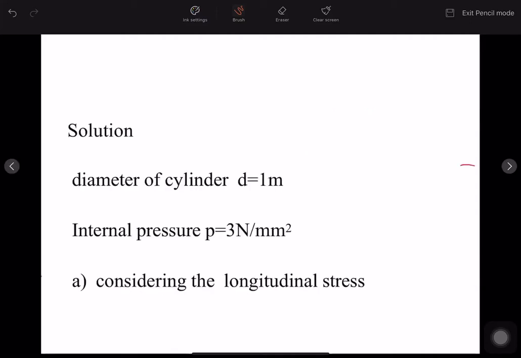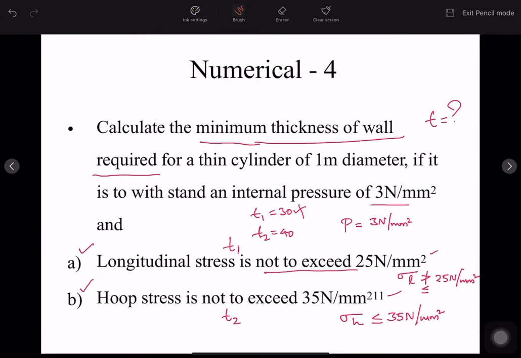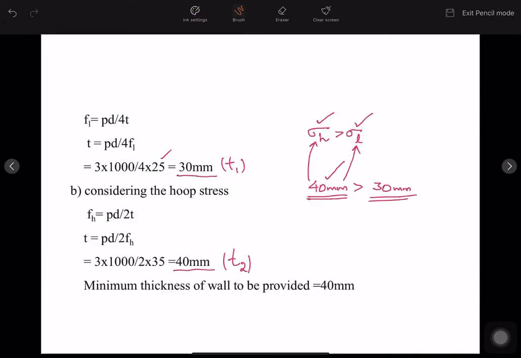But what he has mentioned here is that hoop stress should not exceed 35 Newton per mm square. So if you place 30 mm, it will not carry 35 Newton per mm square stress, and it will fail in hoop stress.